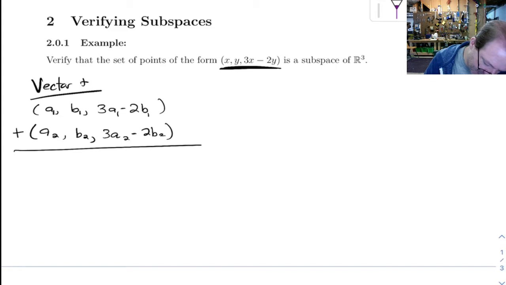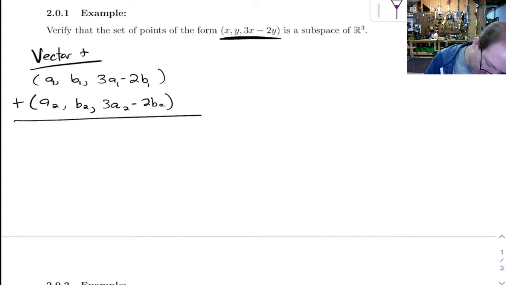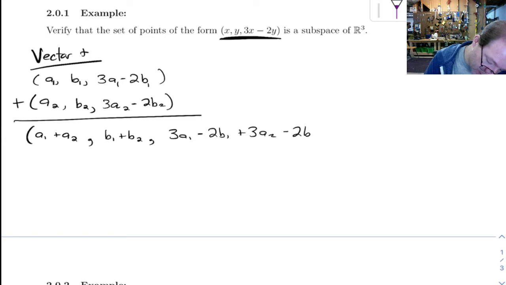If I add these guys up, I get a1 plus a2, b1 plus b2, and then over here I get 3a1 minus 2b1 plus 3a2 minus 2b2. That sure is long.